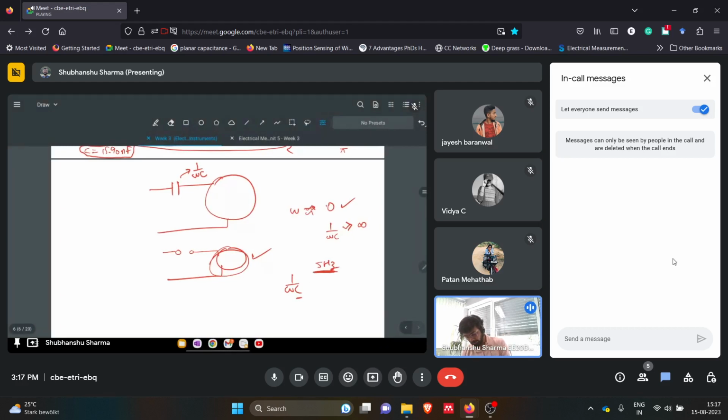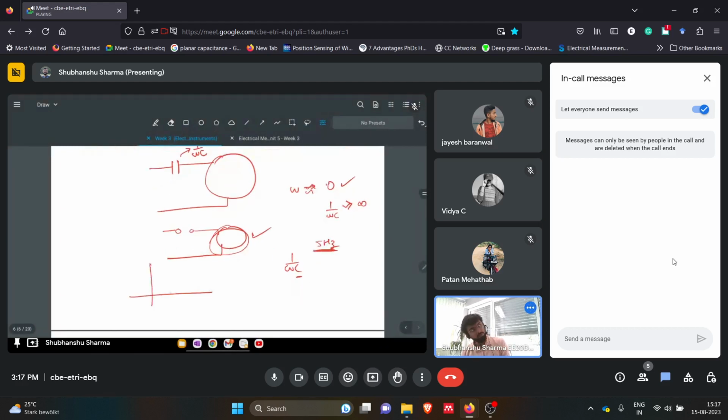So what will happen if we see, how will I say? So this is, let's say, frequency, and this, let's say, 5 hertz. So if we kept this capacitor cutoff as 5 hertz or something, the impedance will be so high that this will act as an open circuit.